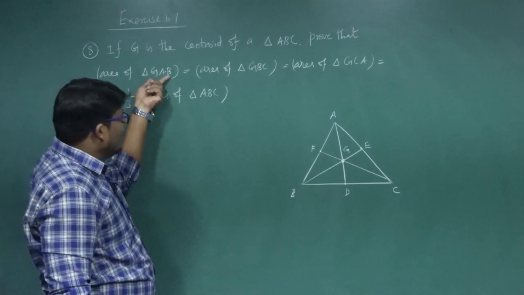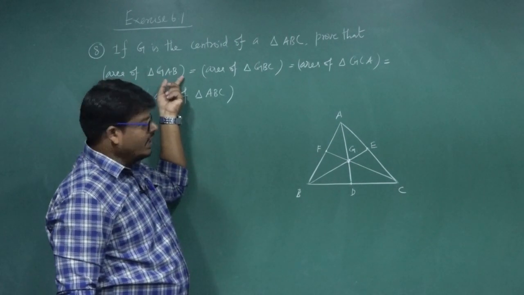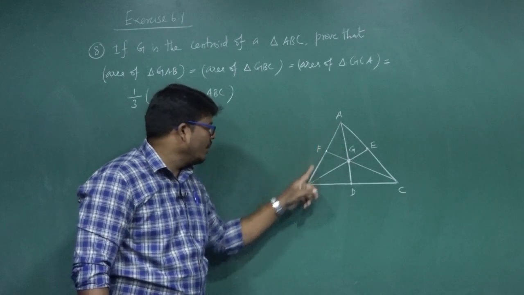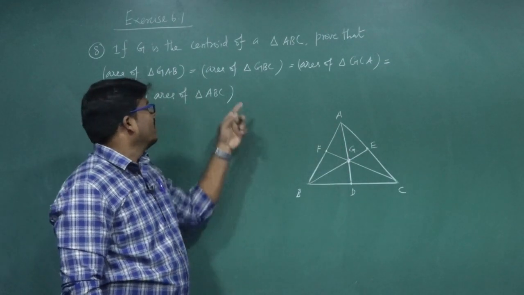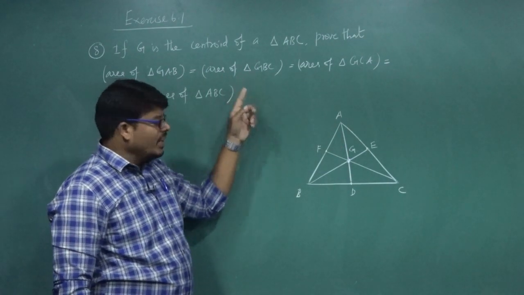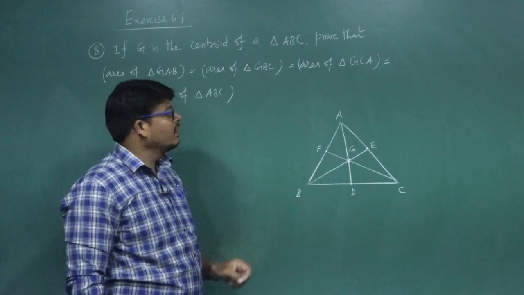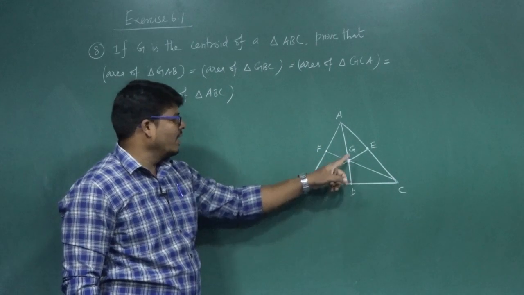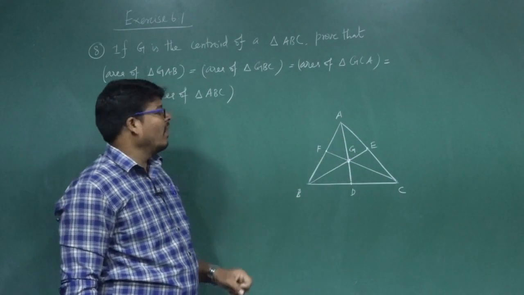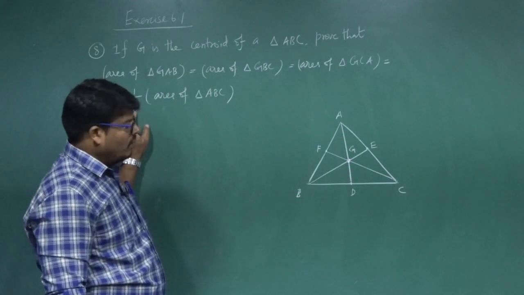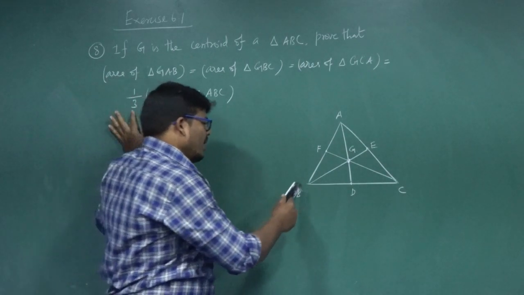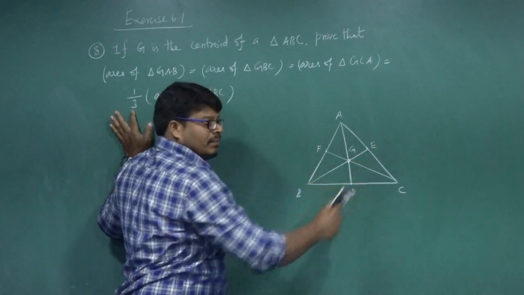Area of triangle GAB equals area of triangle GBC equals area of triangle GCA, each equal to 1 by 3 times the area of triangle ABC.